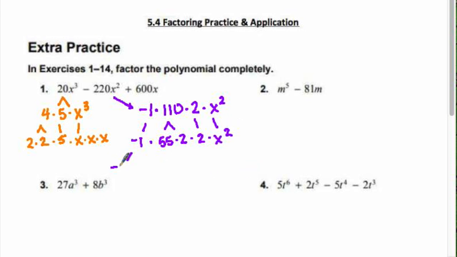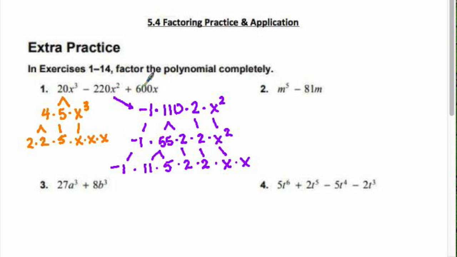Keep going. Negative 1, 55, I could do 11 times 5. Bring down my 2. Since all of those are now prime, in other words, they cannot break down any further, I'm going to go ahead and break down my x squared into x times x. So I've just broken those down into all of its prime factors. Again, we call that the prime factorization.